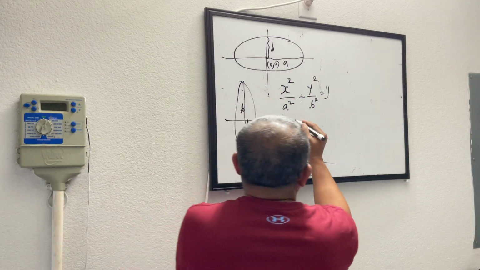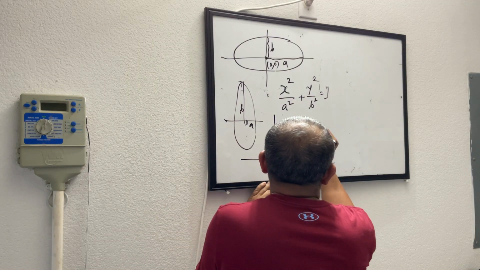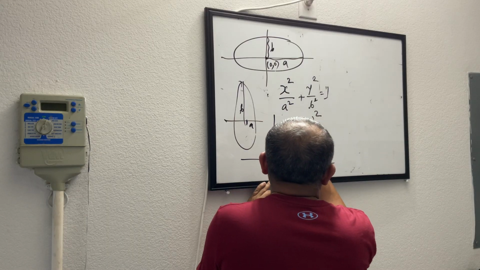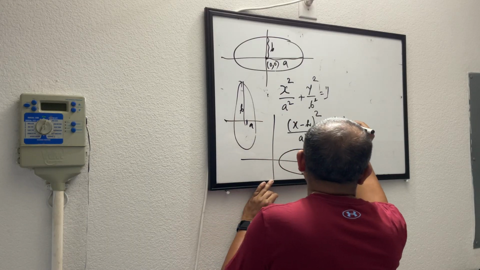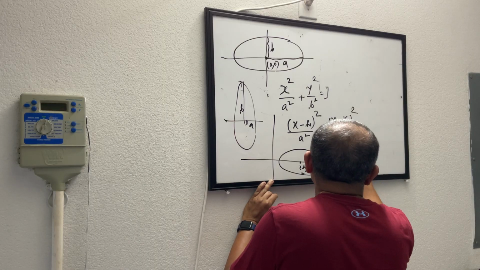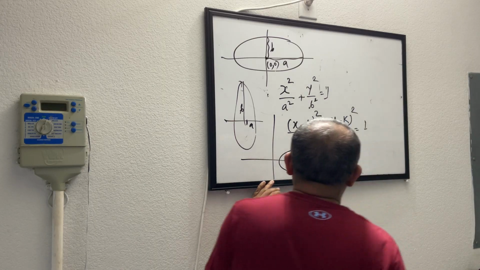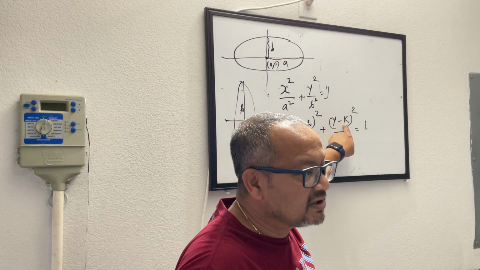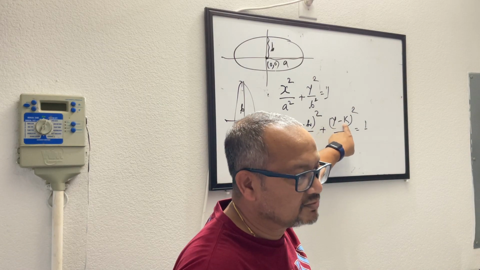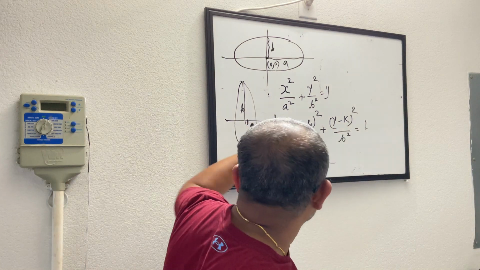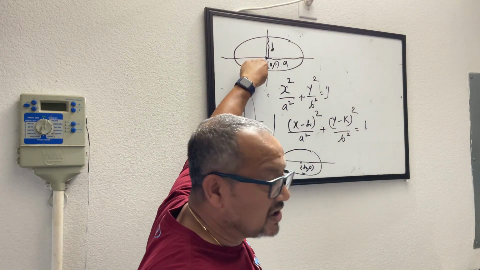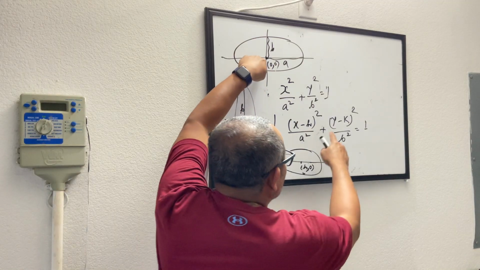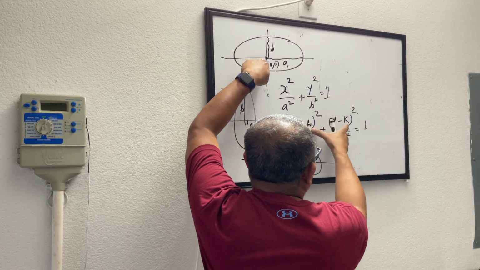See, you can read it like this: (x minus h) squared by a squared plus (y minus k) squared by b squared equal to 1, where h and k are the x and y coordinates of the origin or the center of the ellipse. Since my ellipse's center was coinciding with the origin, both h and k were 0, 0.